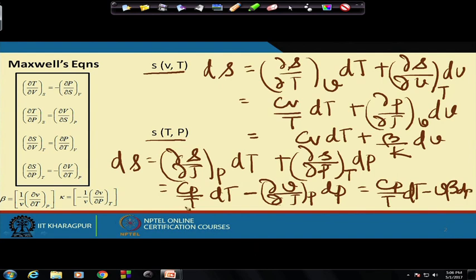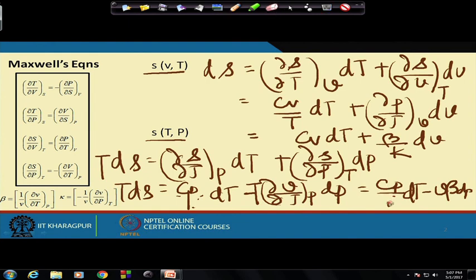Right. Now, usually these equations are written in the form of TdS for our convenience. We usually write TdS equals Cp dT minus T times this.